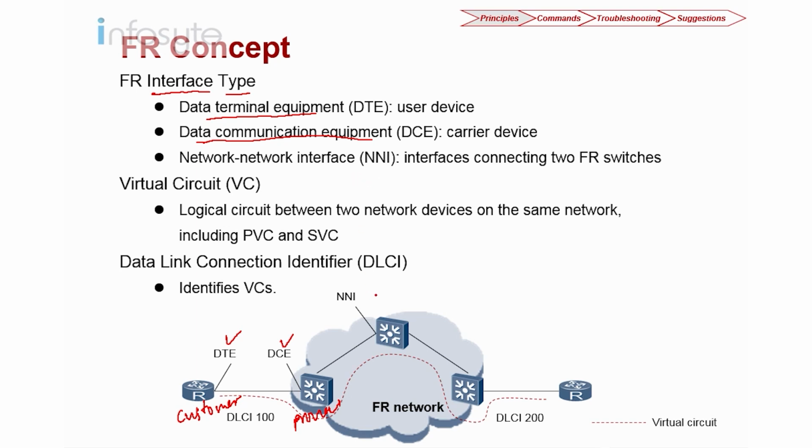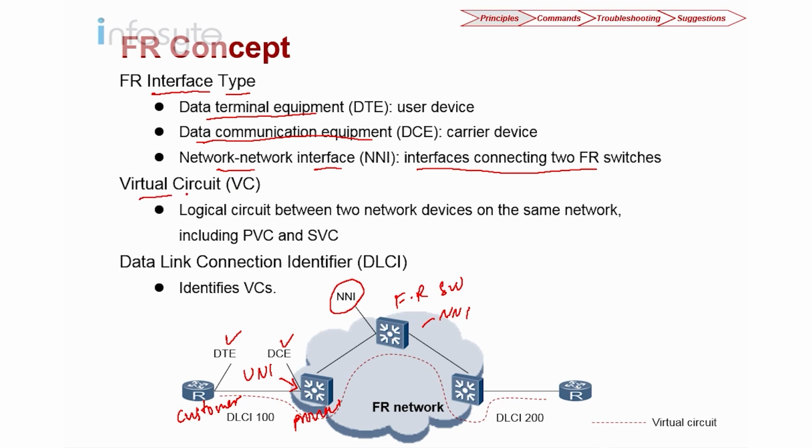Then you also notice that this is my frame relay switch. On the frame relay switch, we call this a network interface. In fact, we also have the terminology UNI, the user network interface. NNI connects two FR switches together, so here we also have an NNI.